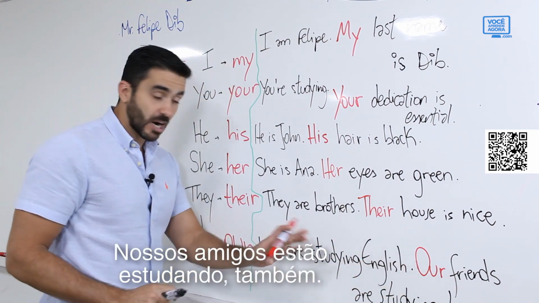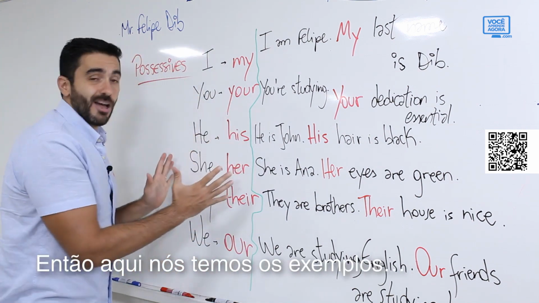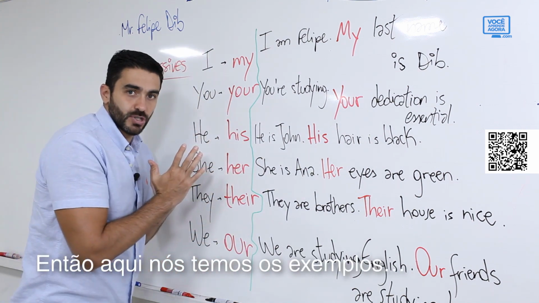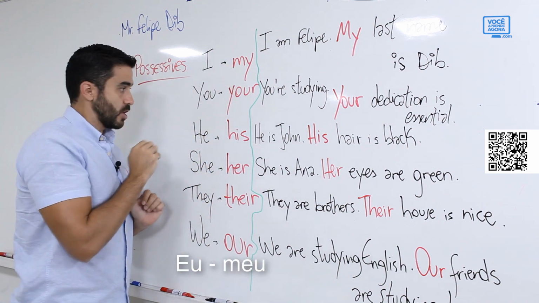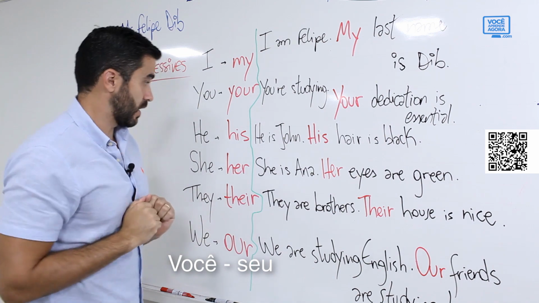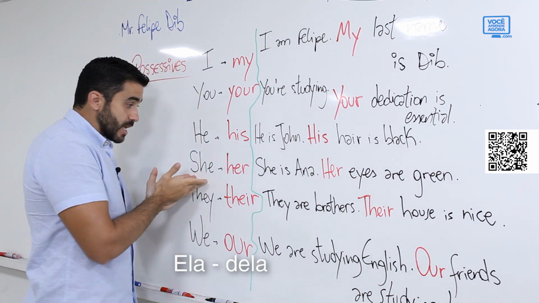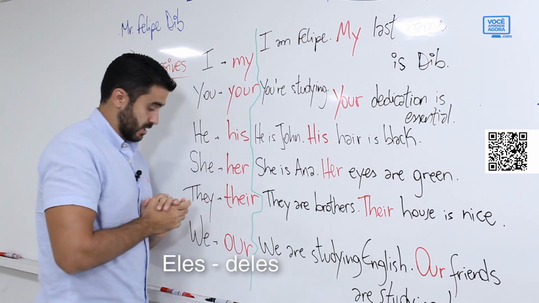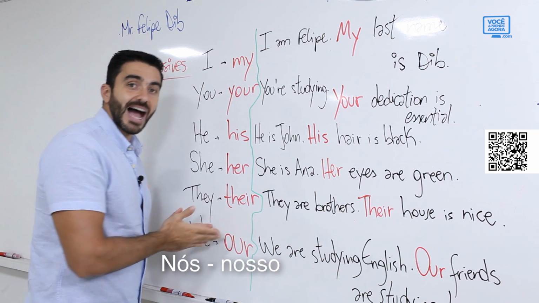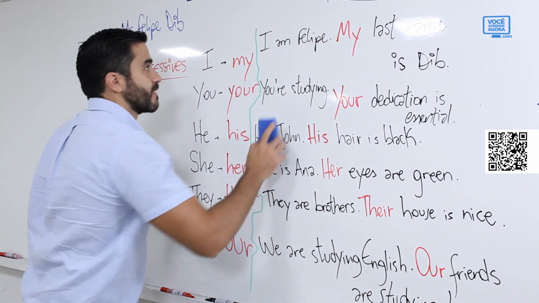Our friends are studying too. So here we have the examples with the possessives. I, my. You, your. He, his. She, her. They, their. We, our. All right?